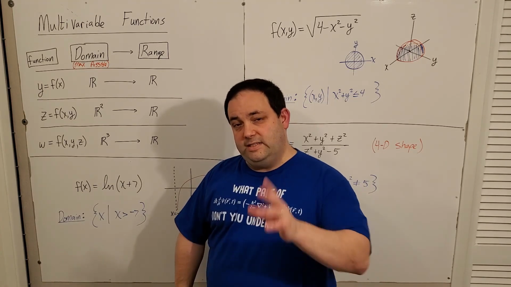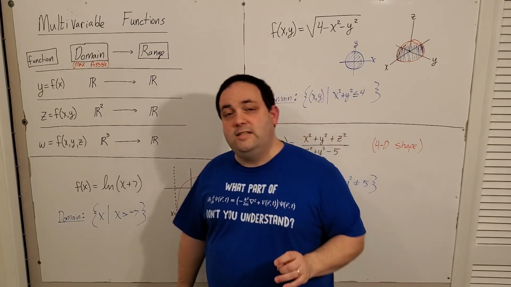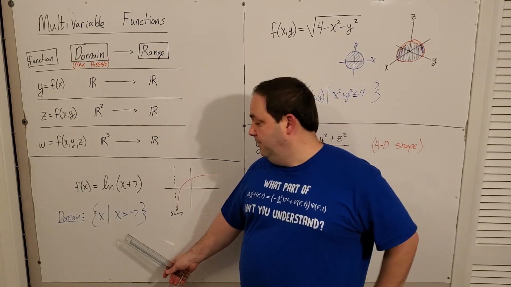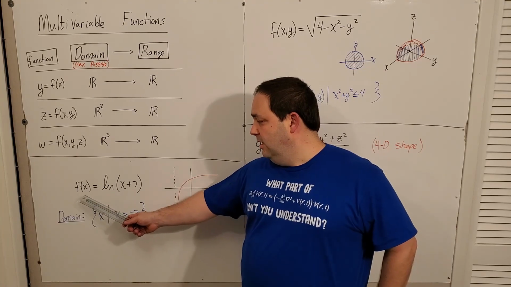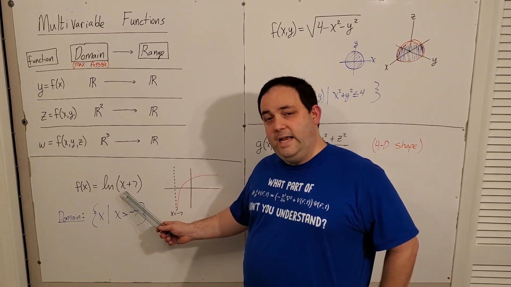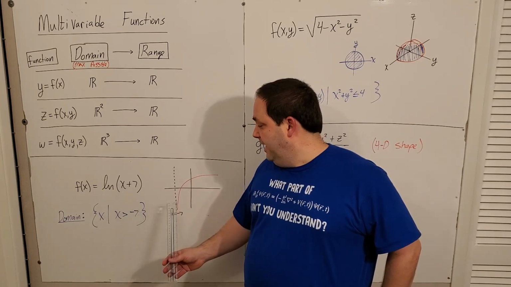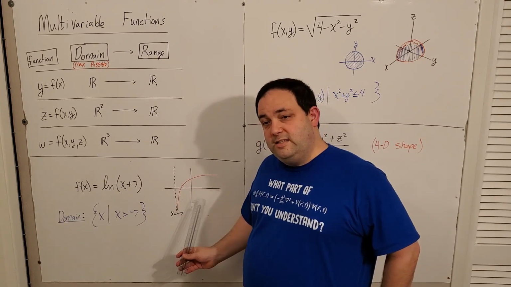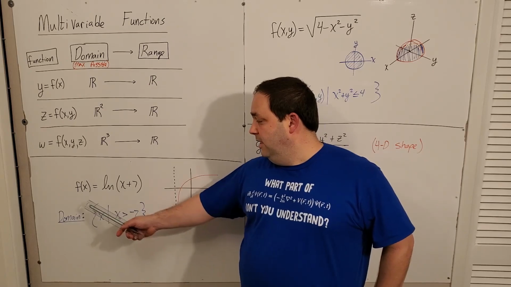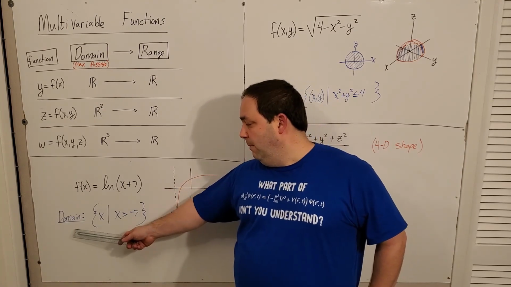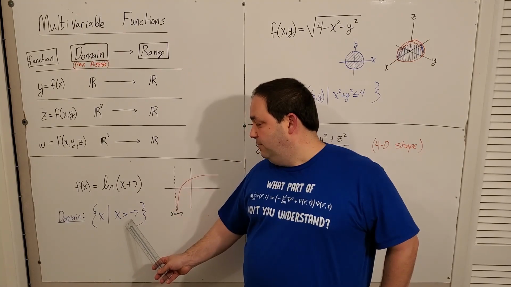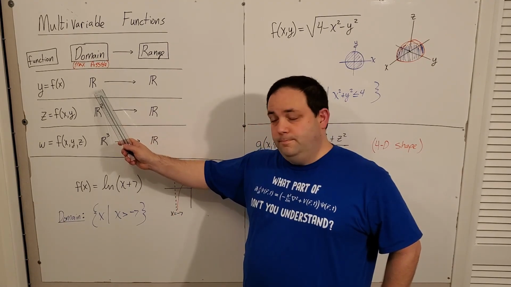Let's look at some examples of each of these sizes of functions. Here's the functions that you're accustomed to, some function of just x. And I'm defining it on just the 2D system of x and y. So y equals ln x plus 7, if you will. My domain is a subset of R1.